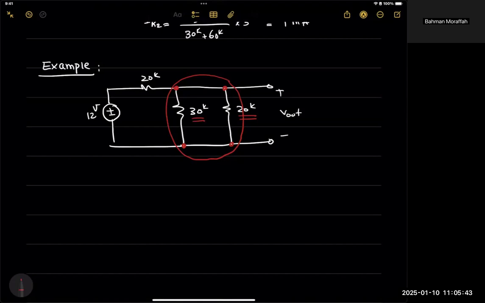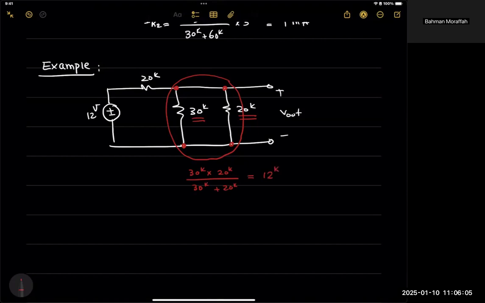The value would be 30K times 20K divided by 30K plus 20K, right? Which is going to be 12K.